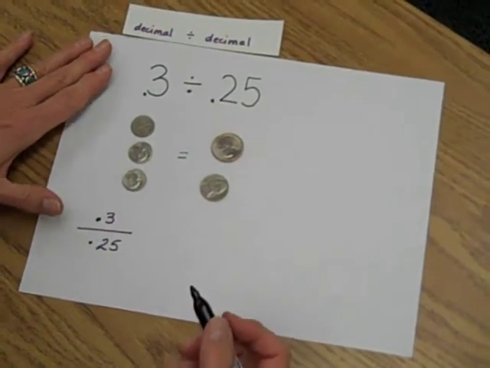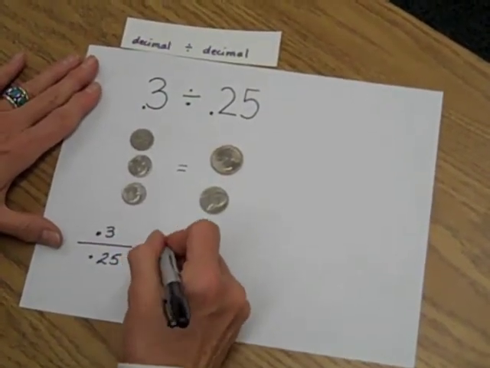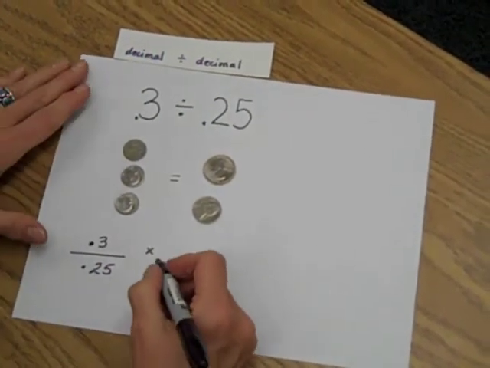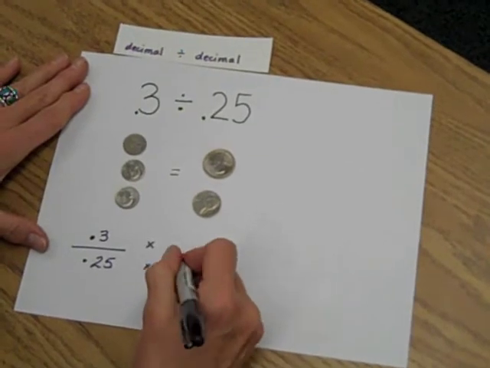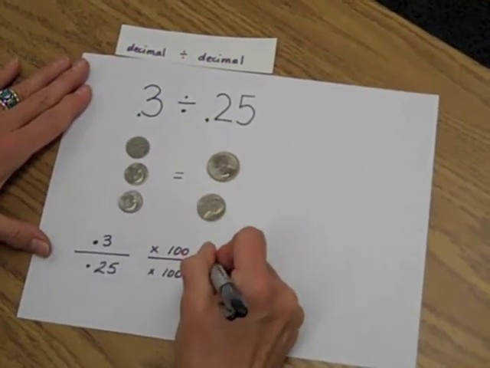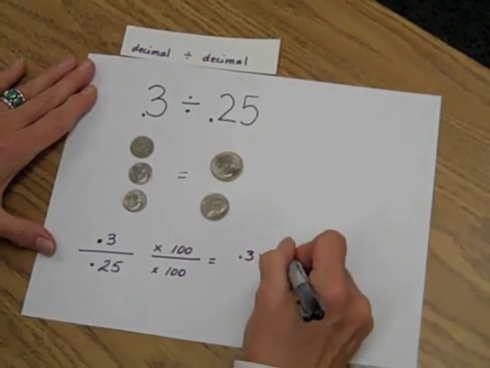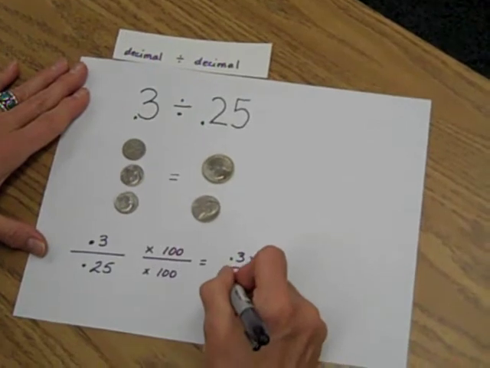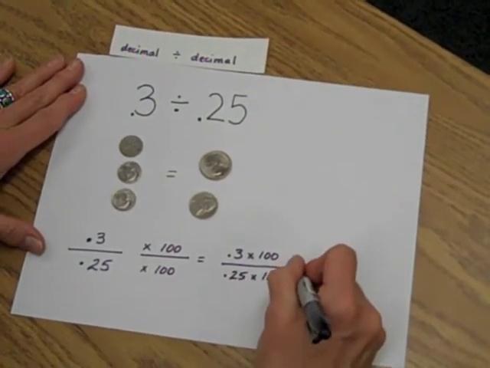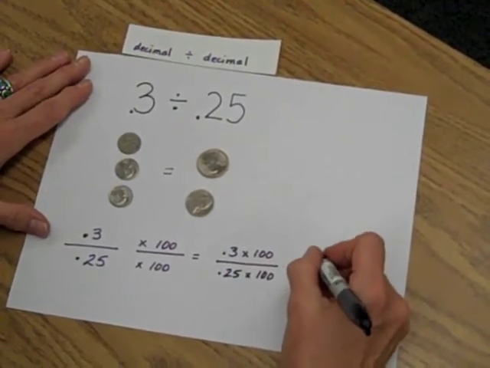Again, mathematicians would like to work with whole number divisors. So we're going to make equivalent fractions, and we're going to multiply this denominator by 100, and therefore we have to multiply the numerator by 100, which gives us 3/10ths times 100 divided by 25 hundredths times 100. When we carry out the multiplication, we're moving the decimal points.